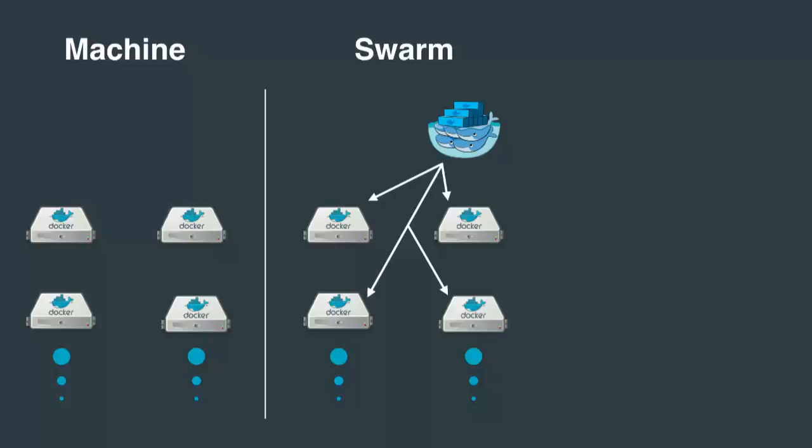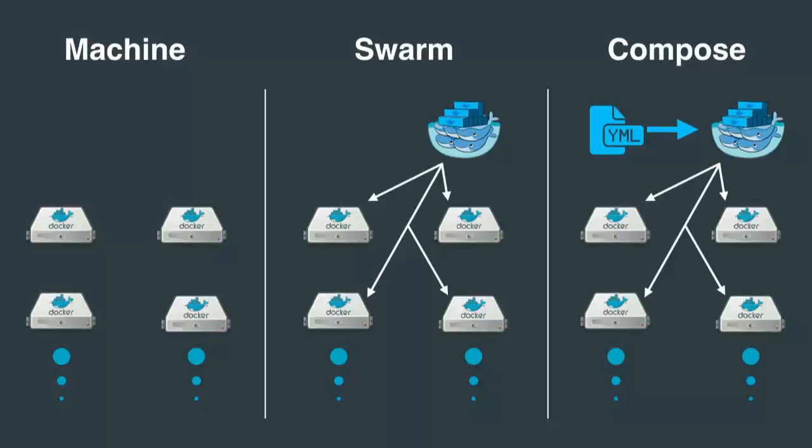And the last project is Docker Compose. Basically, it allows you to describe your application, your stack in a YAML file, and just give that to Swarm, and it will allow you to deploy your multi-container application on your cluster in just a single command.